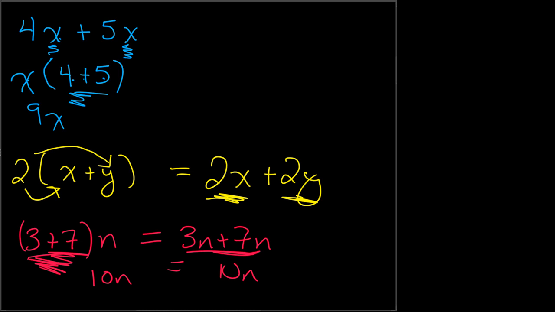With all of these properties, they are reversible. I can go from having distributed something to reversing the distribution. All right, I'm going to do some examples of simplification, and then we'll look at some different algebraic expressions.